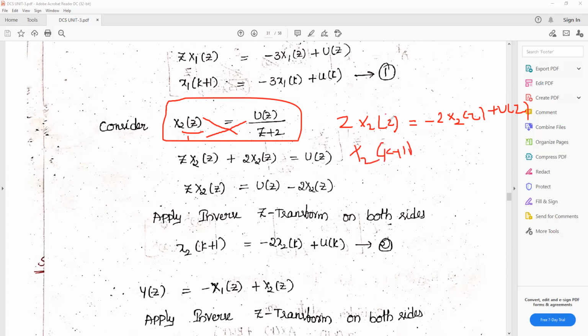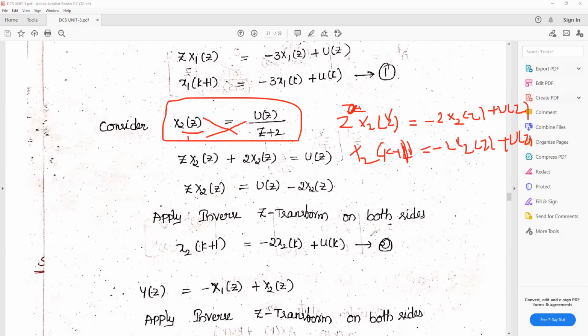So here X2, so X2 of k plus 1. If here it is z square, it is X2 of k plus 2. Clear? So z into X2 of z, X2 of k plus 1 is equal to minus 2 into X2 of z plus U of z. This is the canonical form.